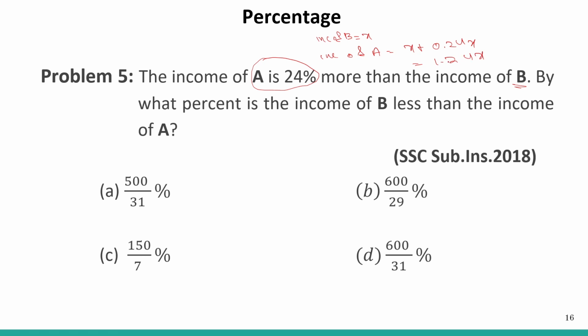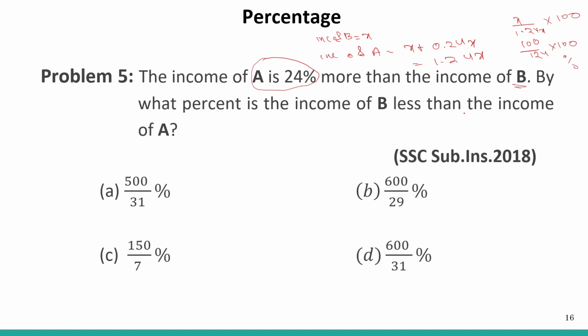What we want to consider is how much the income of B is less than this. So how much is x by 1.24x into 100? The x cancels out, and what we are left with is 100 by 124 into 100. This much percent.